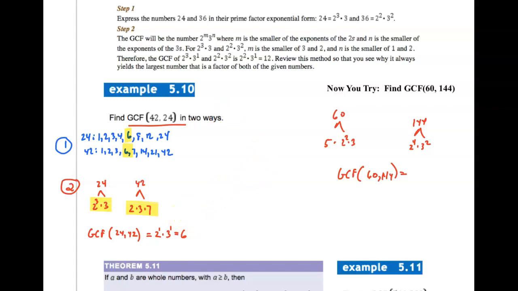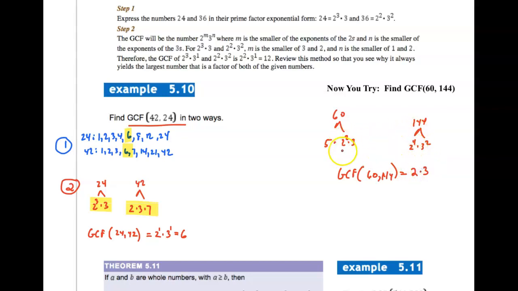Let's take a look at this example here on the side that I've started already: 60 and 144. Instead of using the list out method, the intersections, we want to use the prime factorization. What you do is look for the factors they have in common. They have a 2 and a 3 in common.